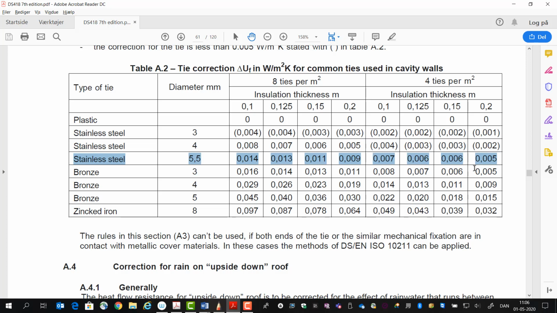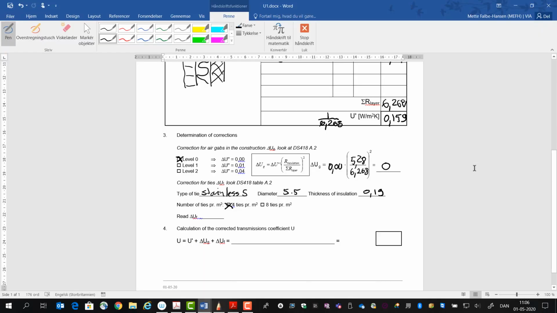So we go back and we write that here, and then we can add the uncorrected U value, which was 0, plus the 0 for the air gaps, plus the wall ties 0.005, and that gives us a corrected U value of 0.164.